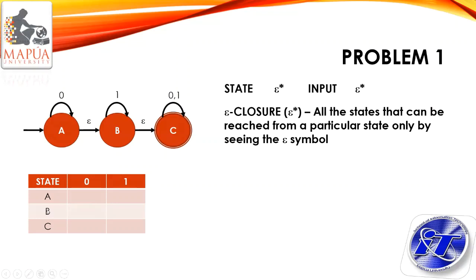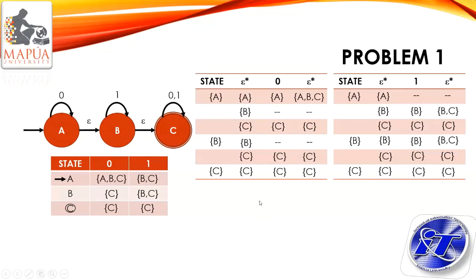Again, A will be the initial state and C will be the final state. Let's get all the paths for our input. Let's consider A first. The epsilon closure of A, again, is itself and the other states that it could reach through epsilon, which are B and C. So let's start with input 0.